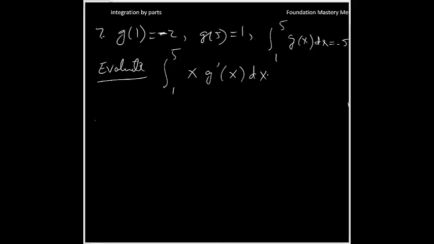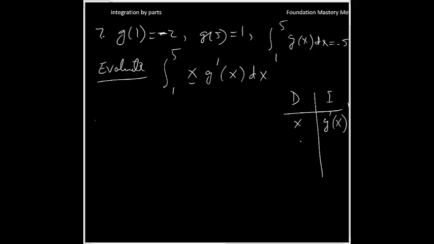So then you see that I have a derivative function here, and my results are given in terms of the original function. So then what we do, I will use the shortcut one. So I have two functions. X is here for derivative, and for the integral I'll take g prime x.